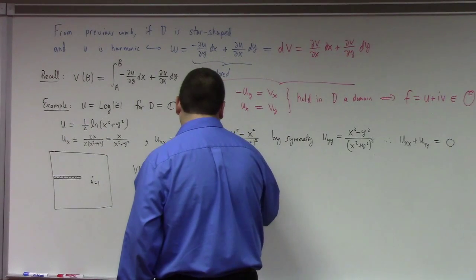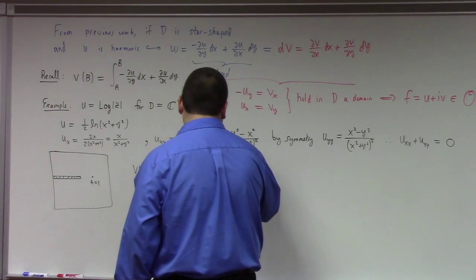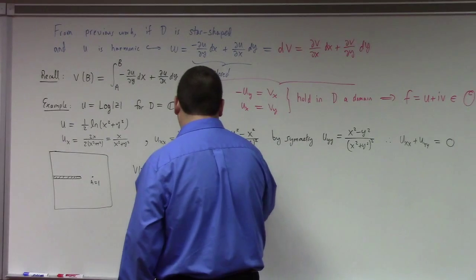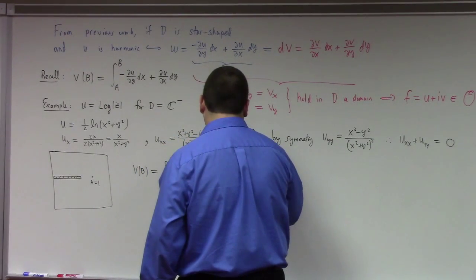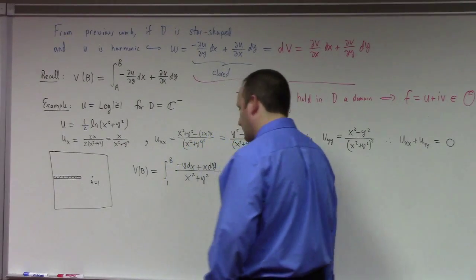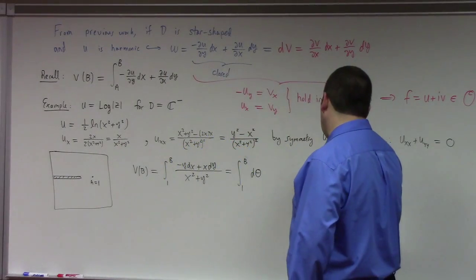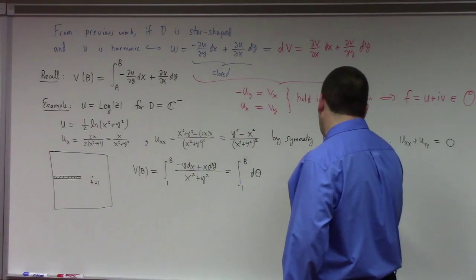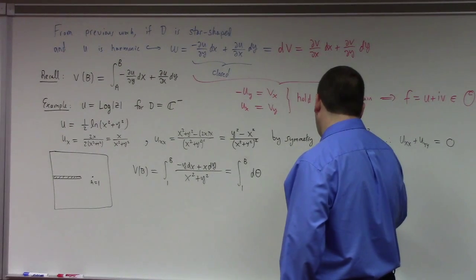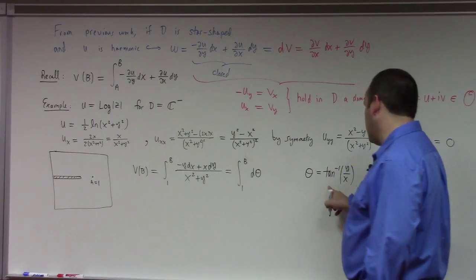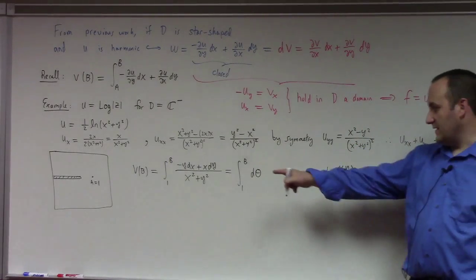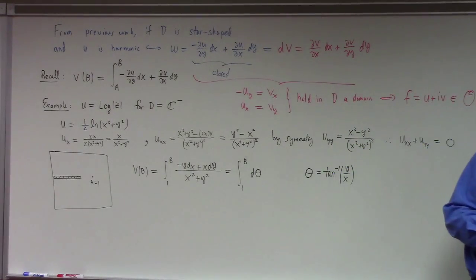Basically, you can look at this as the integral from 1 to b. Another way to write this is that this is just the differential of theta, where theta is equal to the inverse tangent of y over x. If you calculate the differential of the inverse tangent function, you get that. Admittedly, I've made a further specialization of the domain, assuming that theta can be expressed as that.